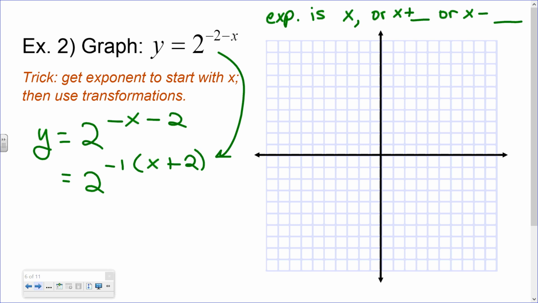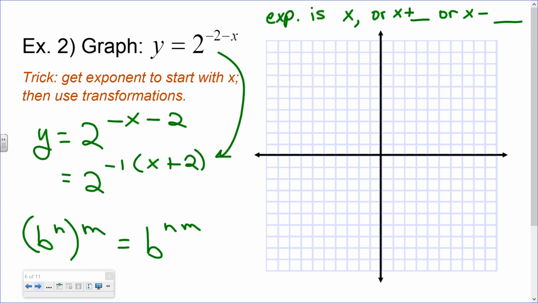Now, next property that I want us to use. If I had, oh, I don't know, b to the n m, I know that's the same thing as b to the n times m, right? So I have 2 to the something times something.